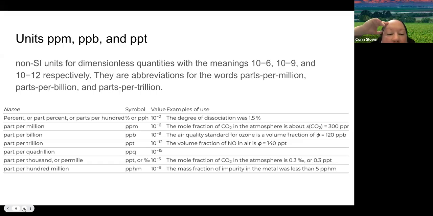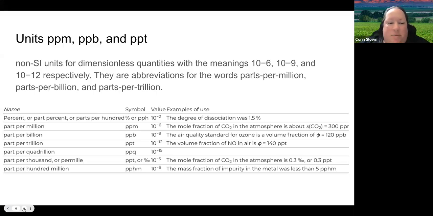Interestingly enough, when folks want to use parts per thousand, they often refer to that as per mil, or the 0/00, the fractional.